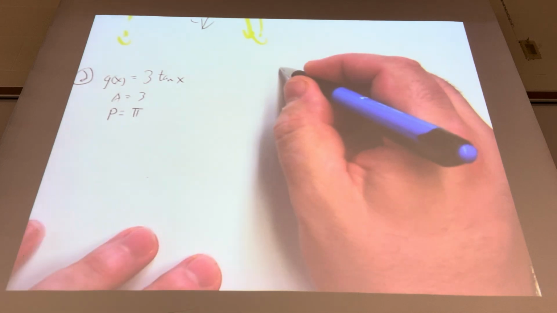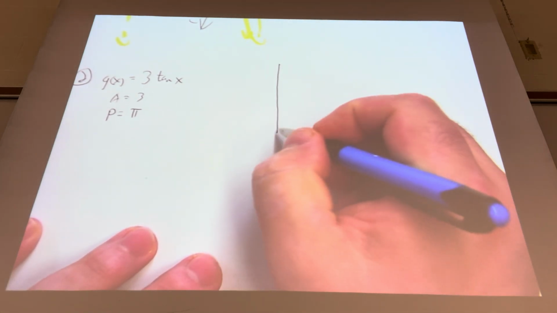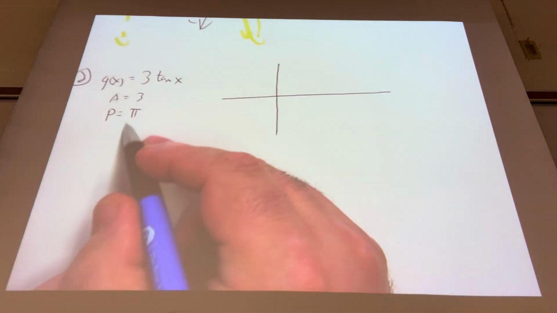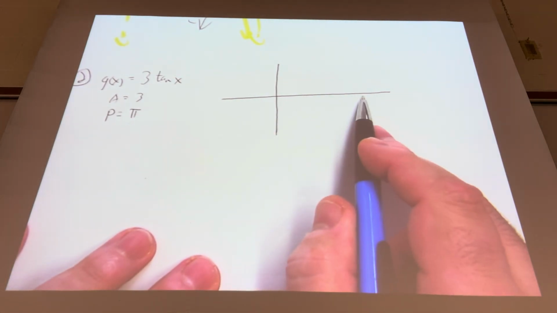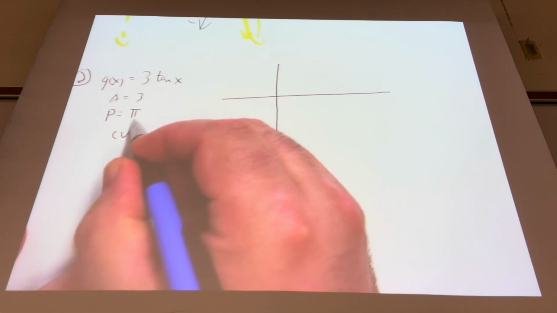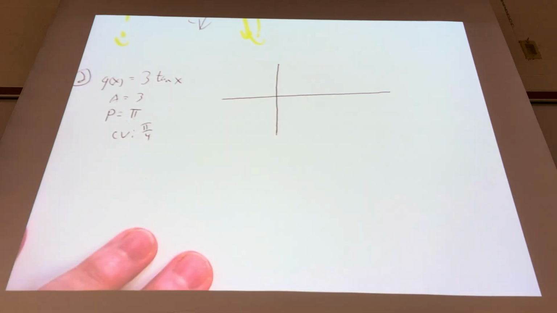So now we're going to go and graph this. Please remember, to find the points we're going to graph, we're going to take our period, so these critical values, take that period and divide it by 4.